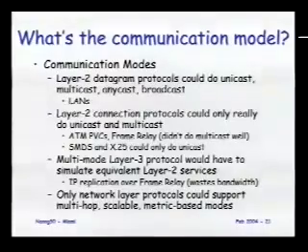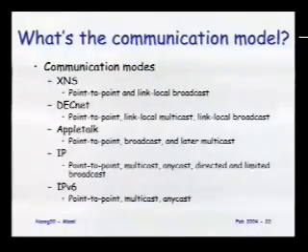So it was really only the network players that could support all these different modes in a robust and scalable way. Everybody will claim that they support it, but in a robust and scalable way, mostly the network layer protocols could do it. And not all network layer protocols could do it. If you look at that list right there, XNS had point-to-point communication, but only link local broadcast. And DEC had point-to-point, link local multicast, and link local broadcast.